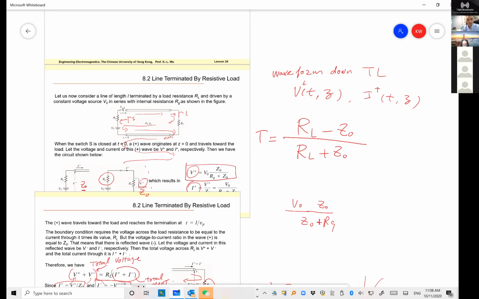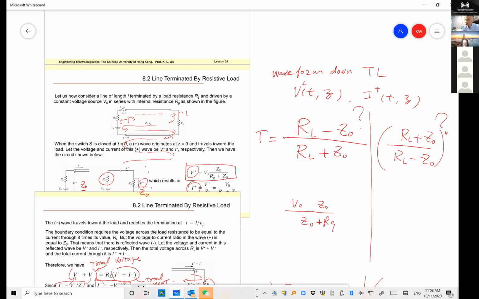If you get confused, should I have the minus in the numerator? Should I have this or this? Remember, you can have 0 reflection, which means no reflection.